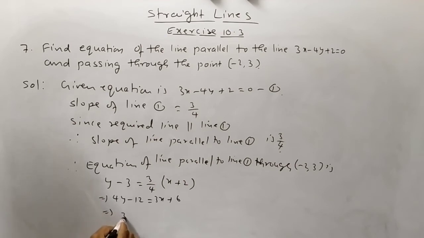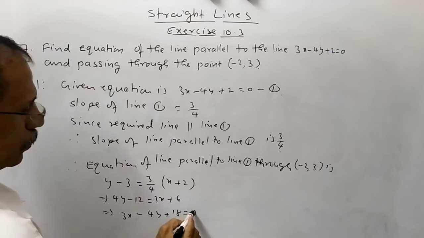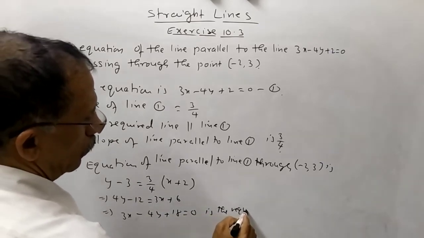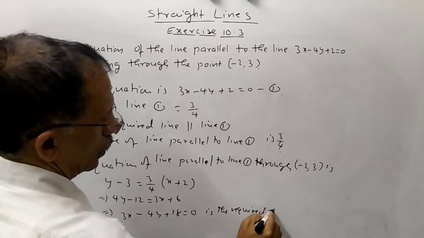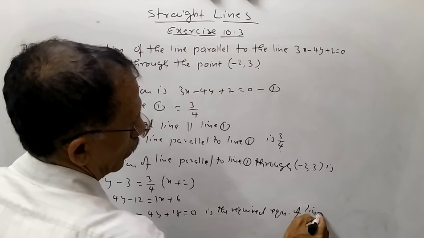implies 3x minus 4y plus 18 is equal to 0 is the required equation of line.